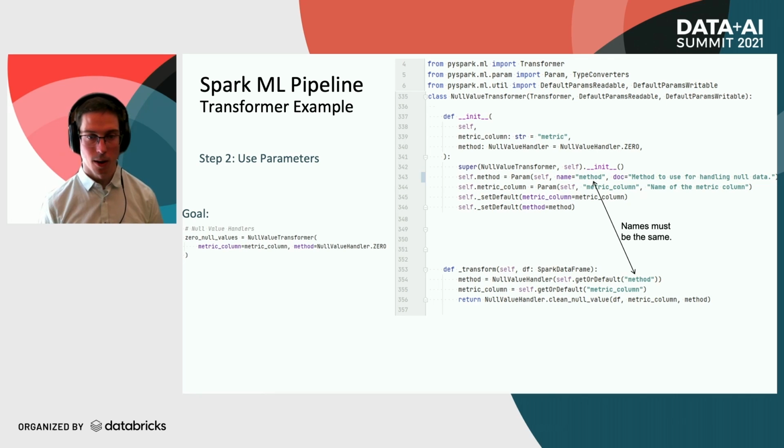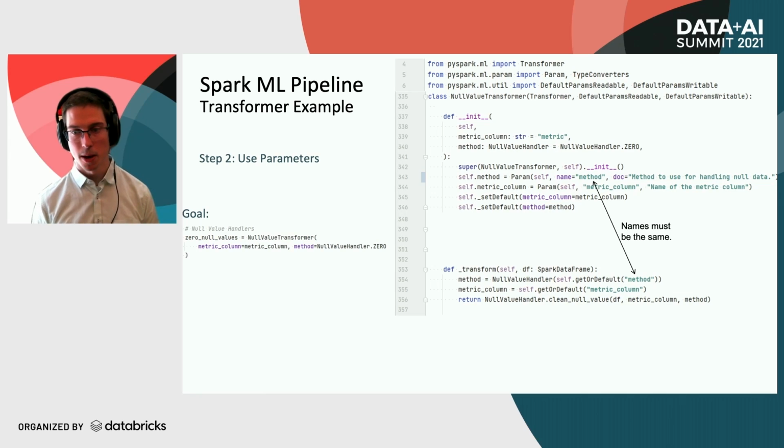That's where on line 343 and 344, you see we have a param that's named method, and we give it some sort of documentation, which is great because now Spark knows about that documentation. We can access it later. And then on 345 and 346, we start to set the defaults because at this point, we don't have defaults for that parameter. So we set the defaults based on the parameters thrown in the init.